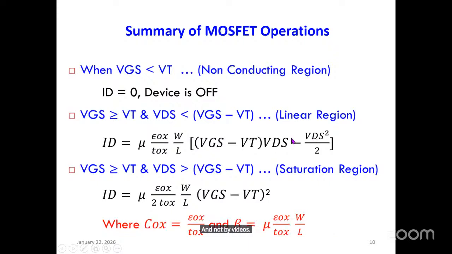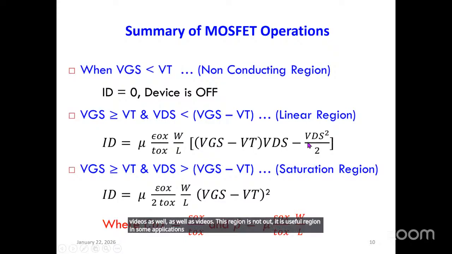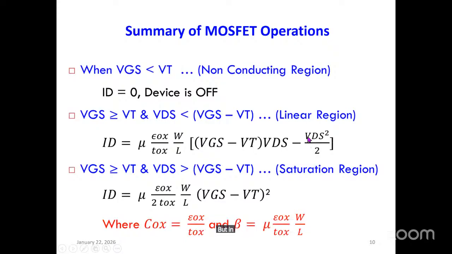But that is happening here, VDS as well as VGS. This region is no doubt useful in some applications, but in analog circuits, low frequency amplifiers, high frequency amplifiers, RF amplifiers, LNAs, mixers, VCOs, local oscillators, in all these analog circuits, normally we expect saturation region, and linear region is not expected there.